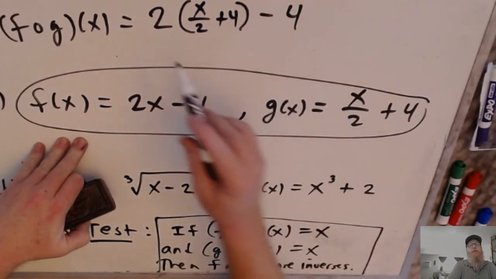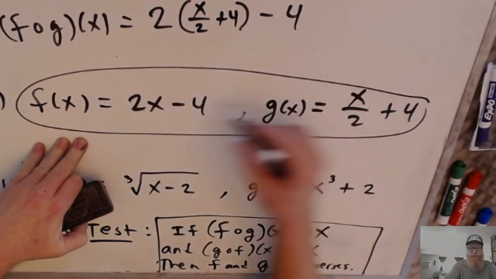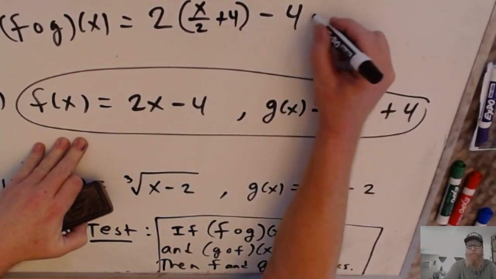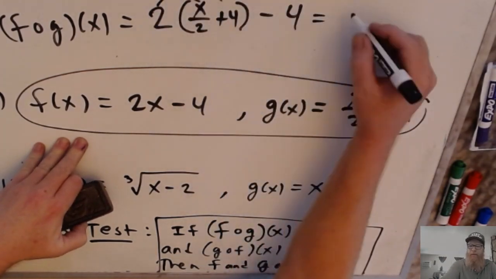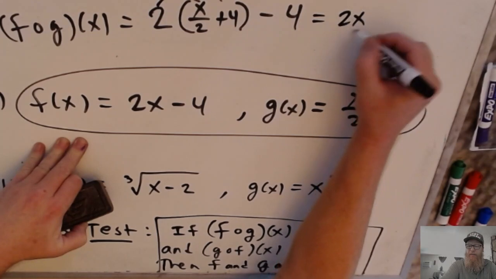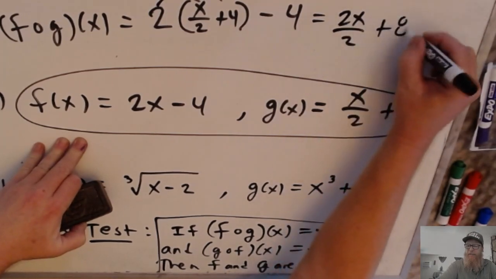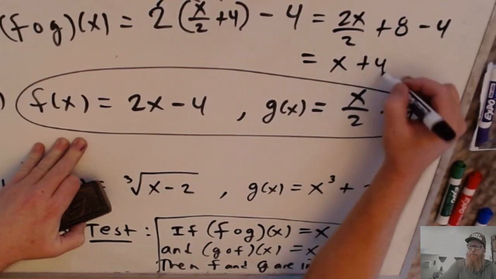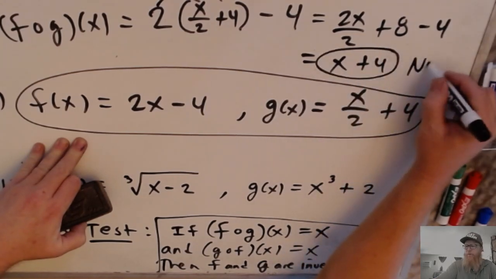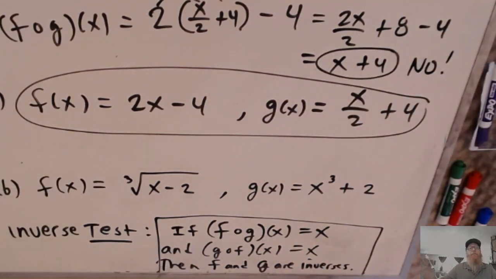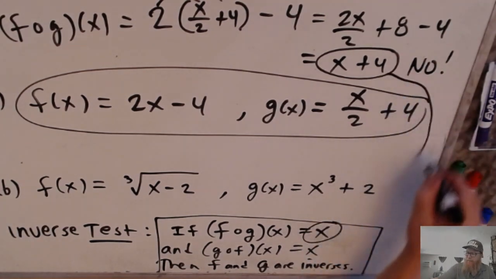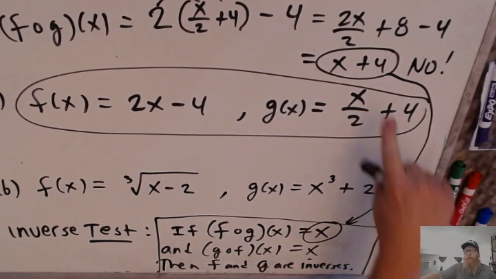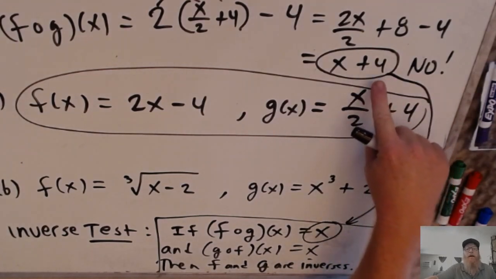So g goes inside of f. That's going to be 2x over 2 plus 8 minus 4, which is x plus 4. So no, stop. It did not equal just x. It equaled x plus 4.